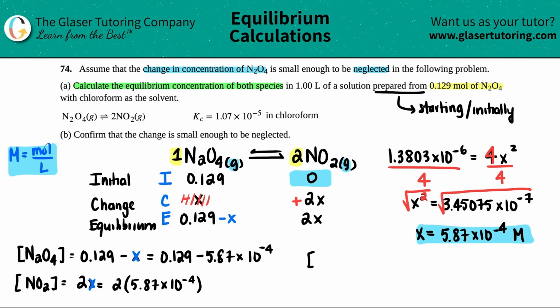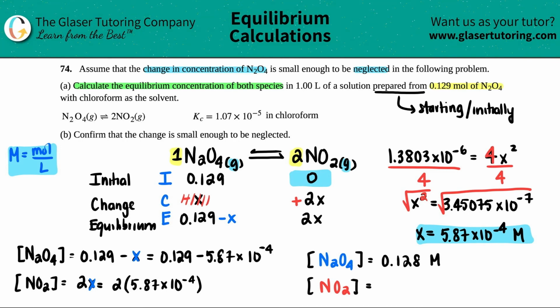So the concentration of N2O4, and then the concentration of NO2, let's see. 0.129 minus 5.87 times 10 to the negative fourth, I get 0.128, and that's the molarity.